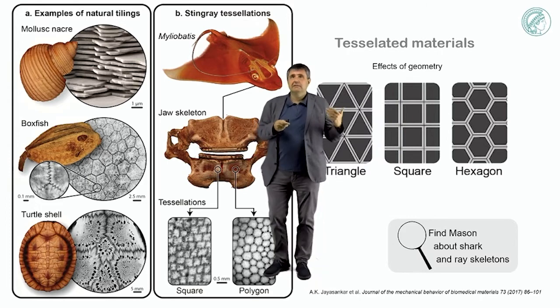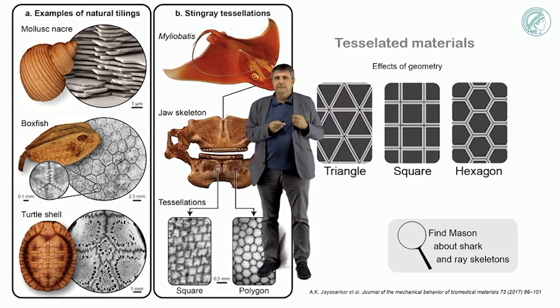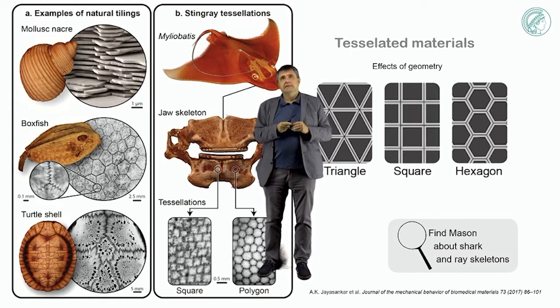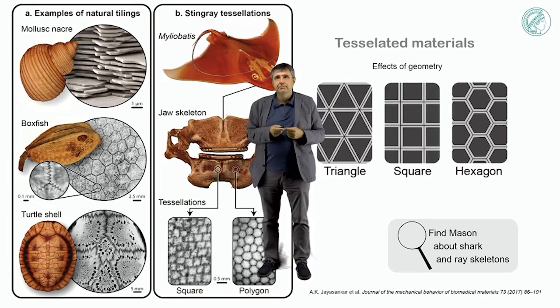And here is another example that, like the fibers, is of great interest to the cluster Matters of Activity, in particular in the project Material Form Function. So these are tessellated materials built of tiles.